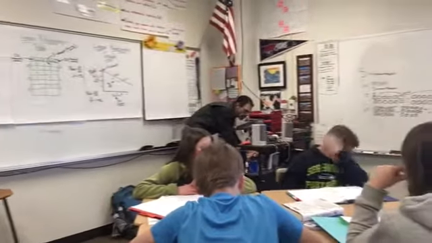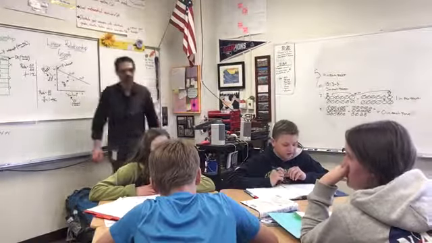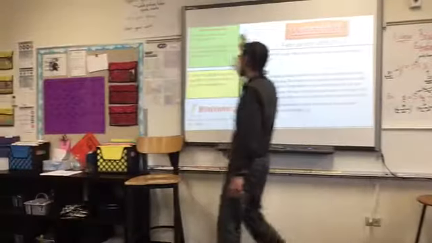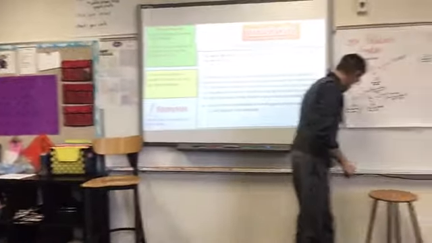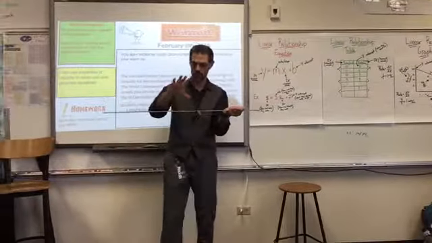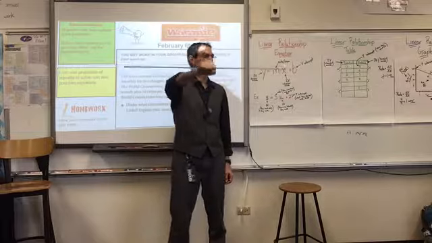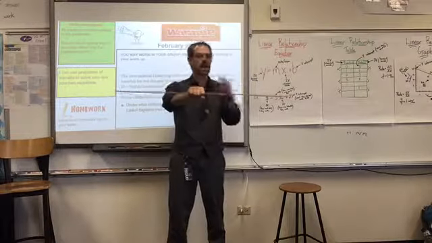Okay, guys, so today we're going to be talking about properties of equality. And if you remember, from yesterday we talked about equality. Equality means what? Equal on both sides.